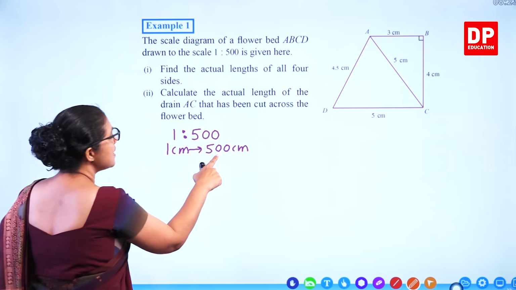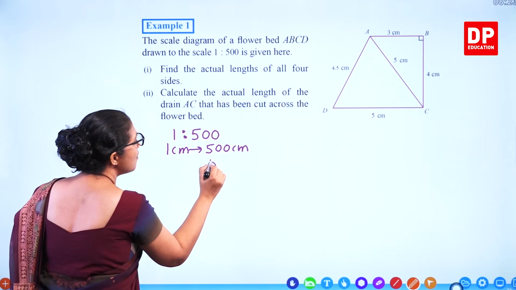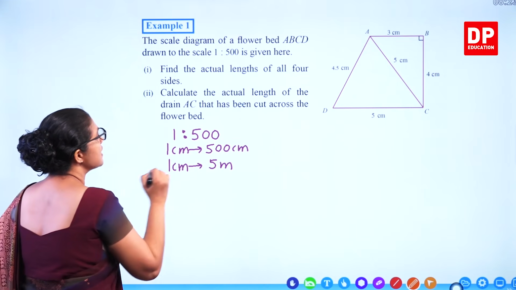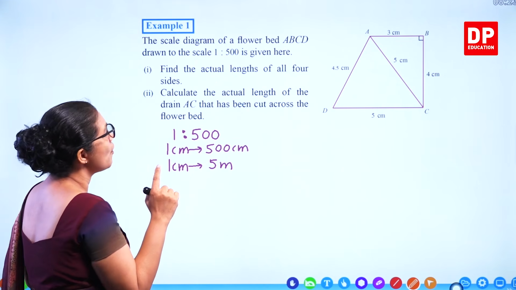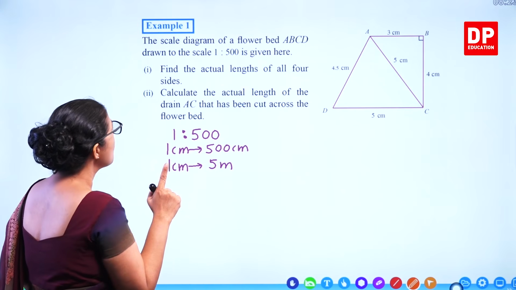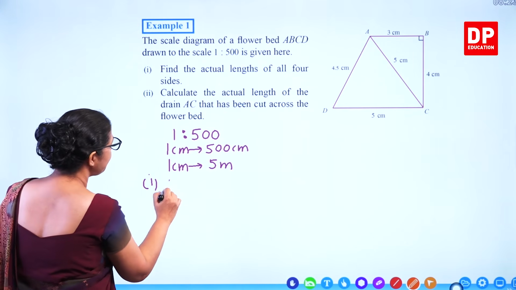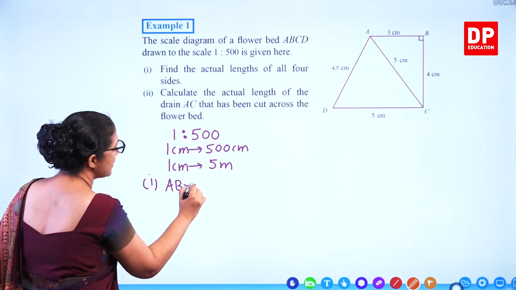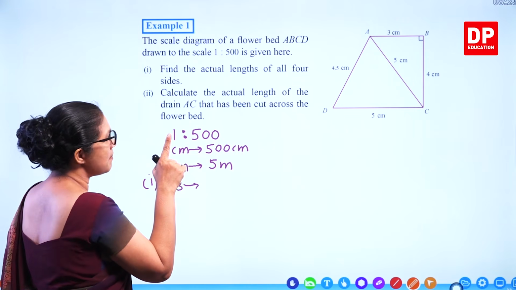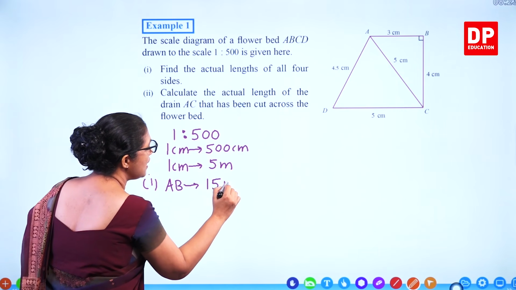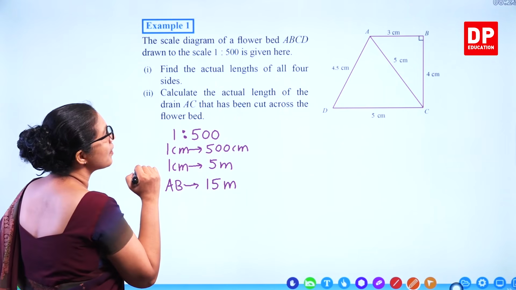Dividing by 100, that's 5 meters. 1 centimeter represents 5 meters. Now we need to find the actual lengths. First AB. That's 3 centimeters. So 3 times 5 is 15 meters.